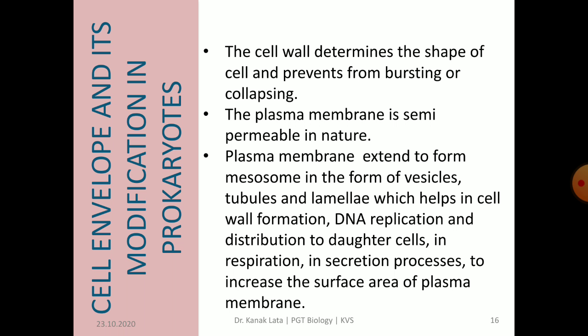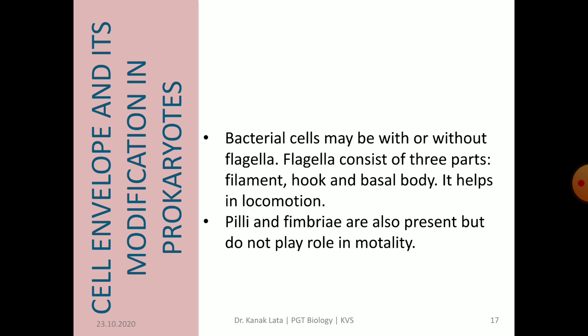In some prokaryotes, for example in cyanobacteria, other membrane extensions are also present in the cytoplasm, and they are called chromatophores, which contain pigments. The bacterial cell may be motile or non-motile. If motile, then they have flagella.